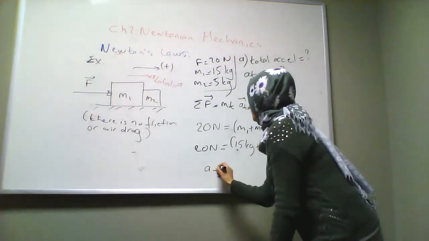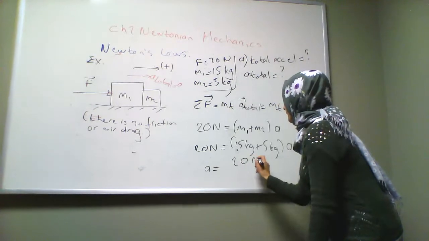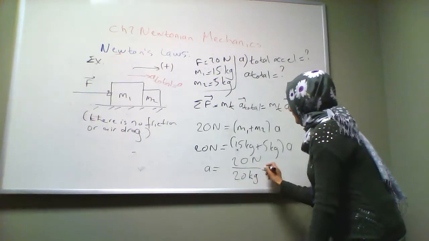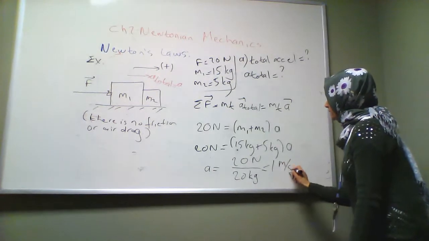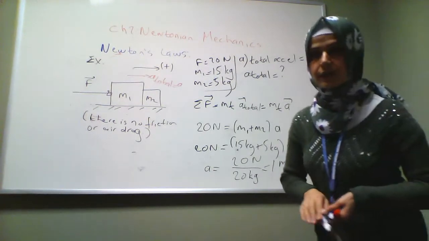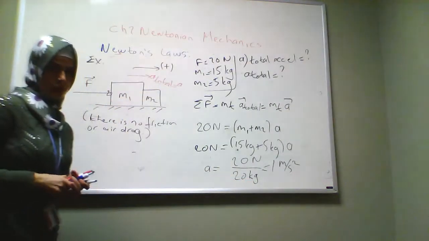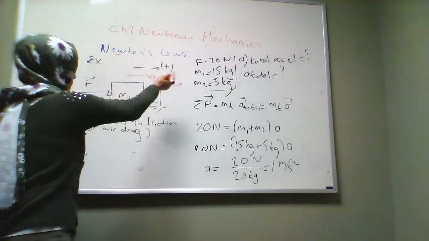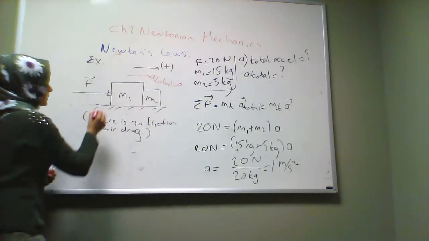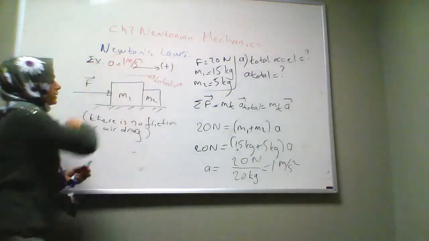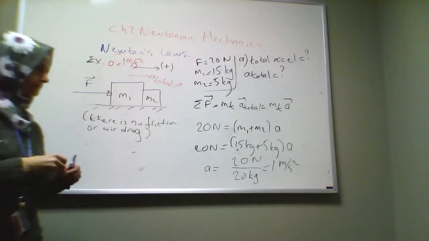So A is equal to 20 Newton over 20 kilogram, which is 1 meter per second squared. So this whole system has 1 meter per second squared acceleration. It accelerates towards the right, the positive direction of my choice. So A is equal to 1 meter per second squared to the right.